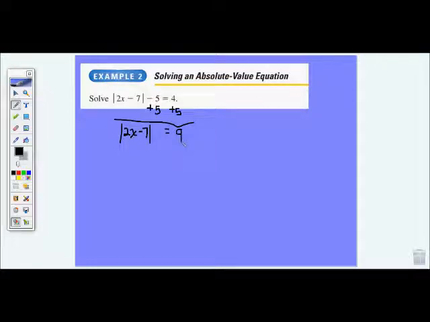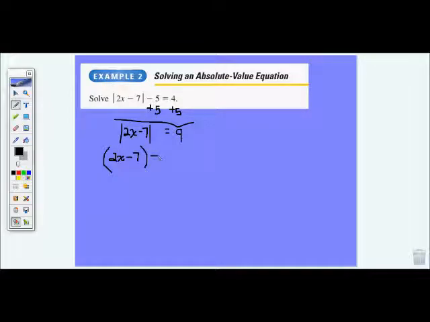Now I'm going to follow the same process I followed on the example right before this. I'm going to take my phrase and put it as a phrase. You could even put it in parentheses if you'd like instead.